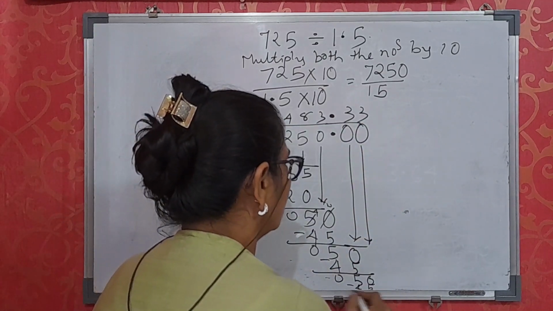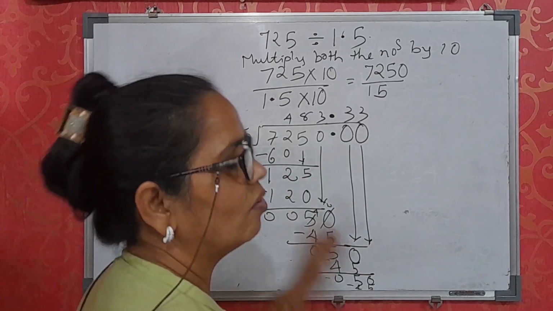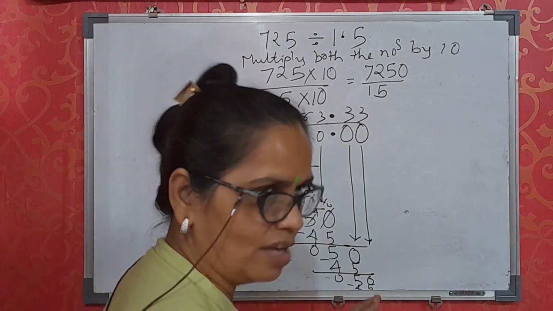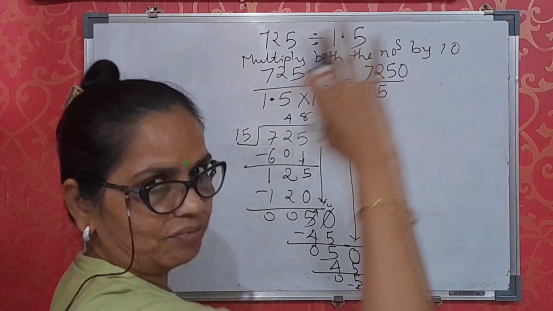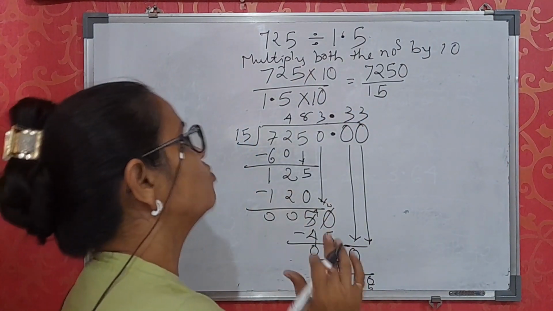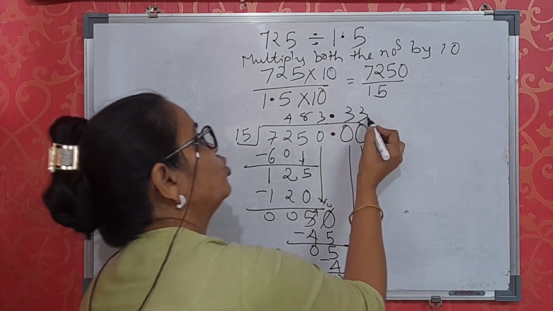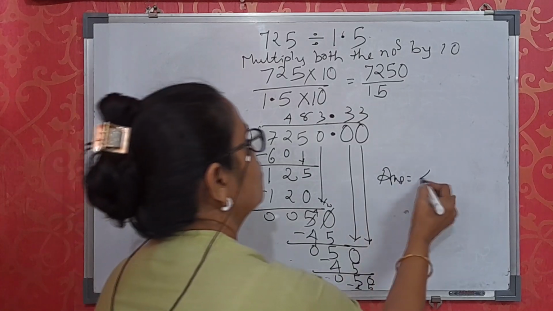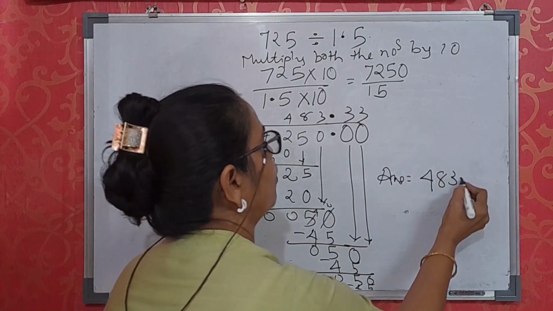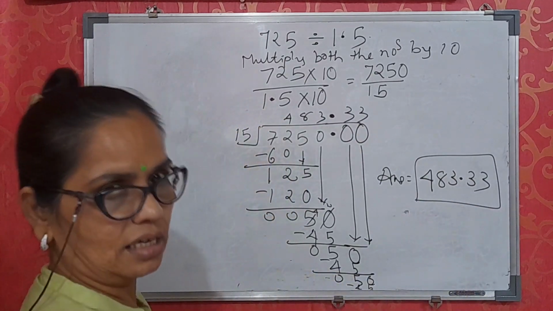Now we know that it's a continuous process, that we always get remainder 5 only. So there is an unlimited answer after the decimal point. In that case, what you have to do is consider the answer up to 2 digits only. So your final answer is 483.33. This is your final answer.